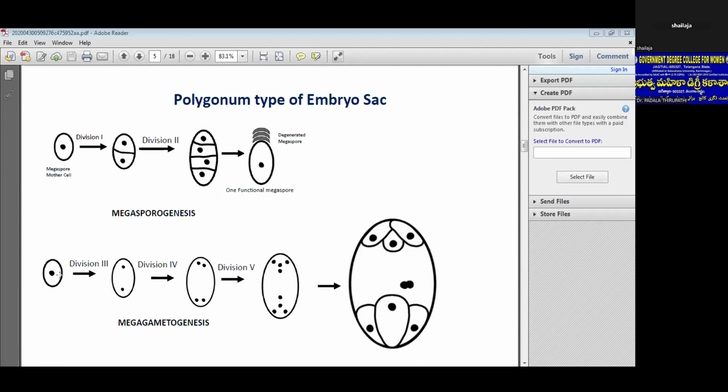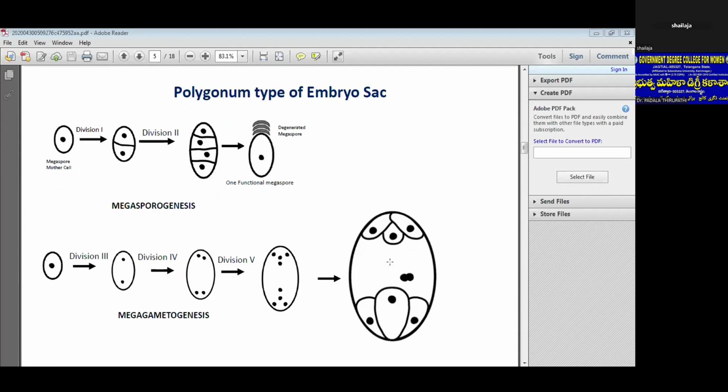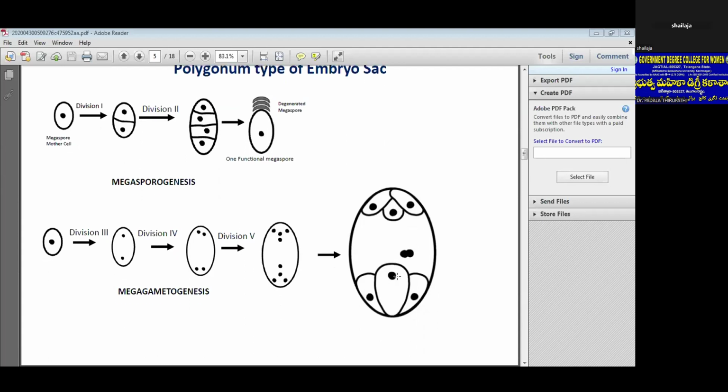These are mitotic divisions. At last we get the eight-nucleate embryo sac. From the micropylar end and the chalazal end, one nucleus comes to the center. See here, this is the polar nuclei, and three are antipodals.